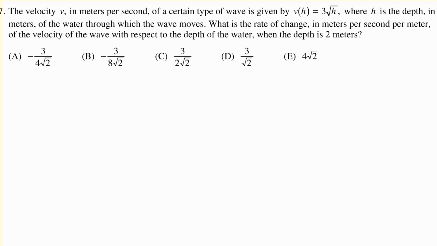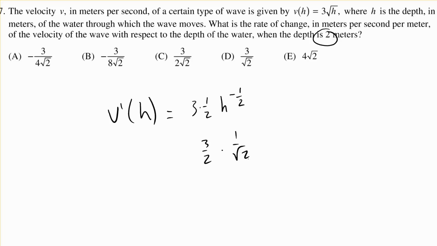So we need to derive again. 3, so root h, so 3 times 1/2 h to the negative 1/2. And then we just got to plug in our 2. So I've got 3/2 times 1 over root 2, which is right there. Not bad at all.